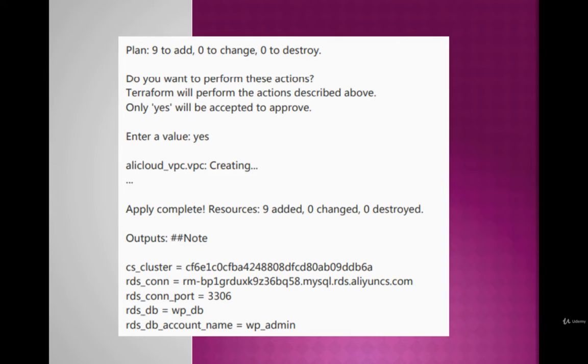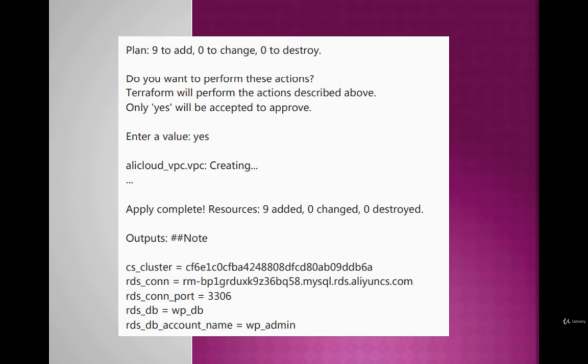And after running the Terraform apply command, the output parameters requested in the outputs.tf are displayed. So in the following example, the output parameters are cs_cluster cluster name, connection string RDS, con_port, RDS_db name, and RDS_db account name.